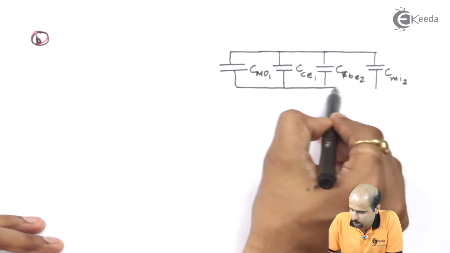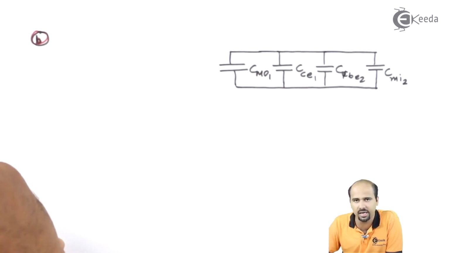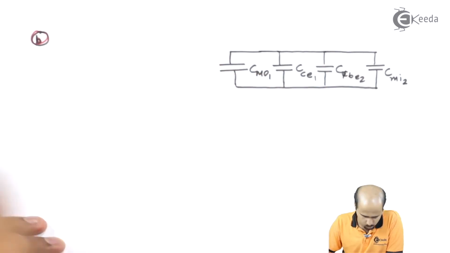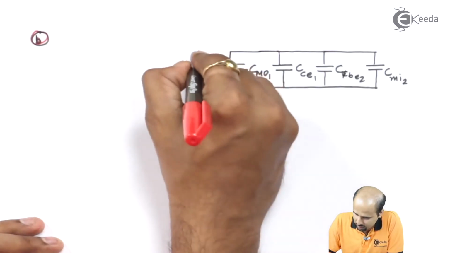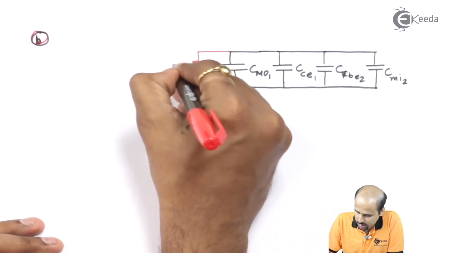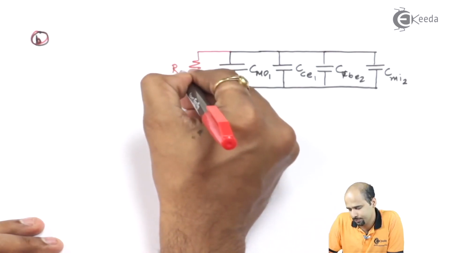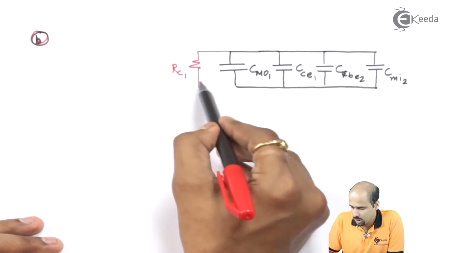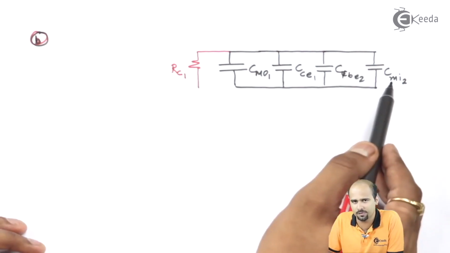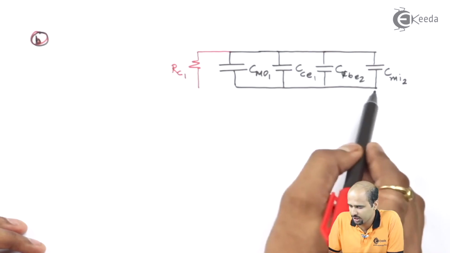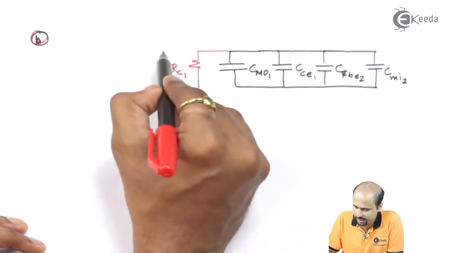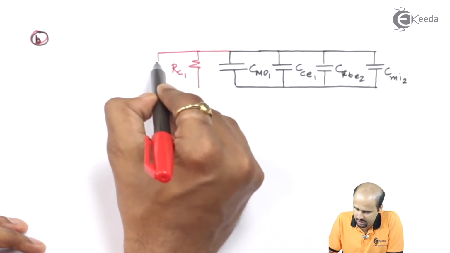So I can say that only 4 capacitances are there in parallel combination with each other, and resistances will also be in the form of parallel combination. So this is, let's say, RC1. Another resistor I will get for the input of stage 1, but I'm not incorporating it over here. I don't have space, so instead I'm drawing it in this particular input side only.